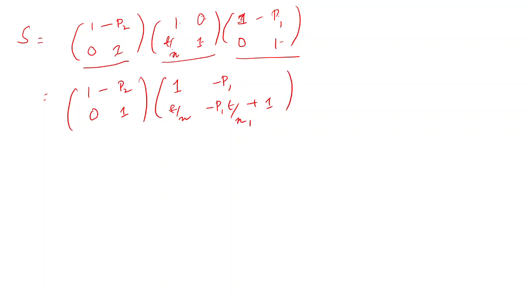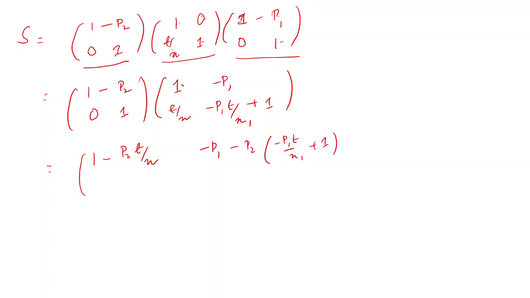Then if I multiply these two again, I would get 1 times 1 is 1, minus P2 times T by n would give me minus P2 T by n. Then I would have minus P1, right? Then I would have minus P2 multiplied by minus P1 T by n, plus 1, right?